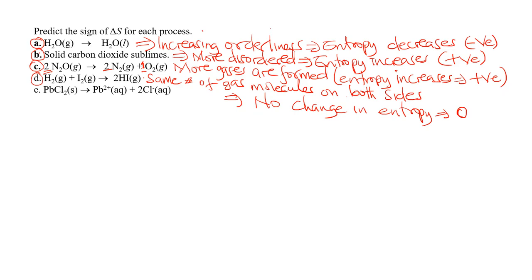So what we are saying is, for this case, delta S is equal to 0. What are we saying? Here we have two gas molecules. One gas molecule is here, and the next gas molecule is here. So we have two gas molecules on the reactant side, and then we also have two gas molecules on the product side. So we are not increasing or decreasing the gases. As such, the change in entropy is 0, or the entropy is constant.